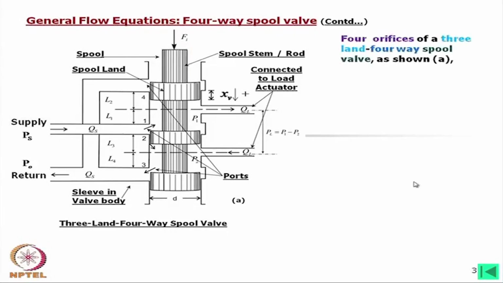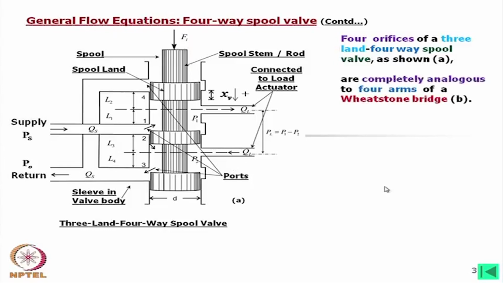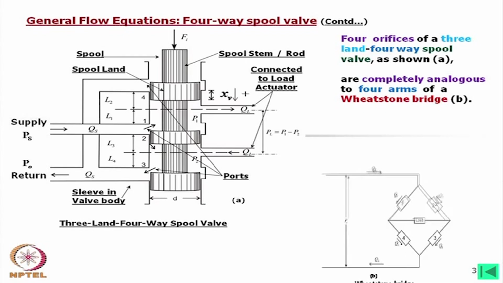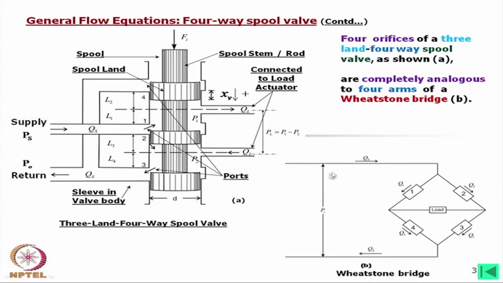Now, the 4 orifices of a 3 land 4-way spool valve, which we have shown in this figure, are completely analogous to the 4 arms of a Wheatstone bridge. You must have knowledge about the Wheatstone bridge, which is used in electrical circuit analysis, and this looks like this.